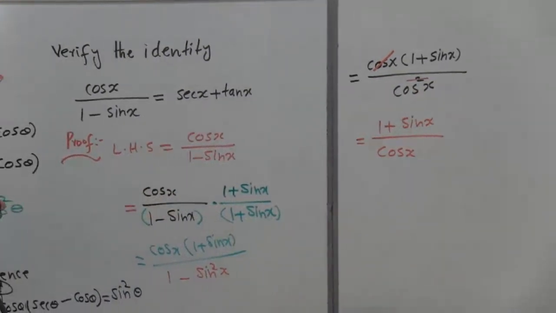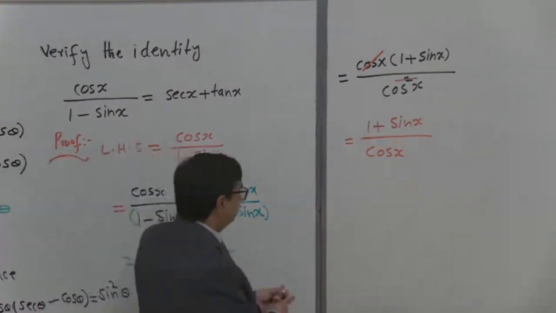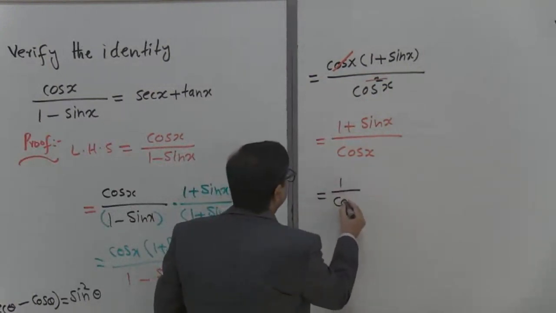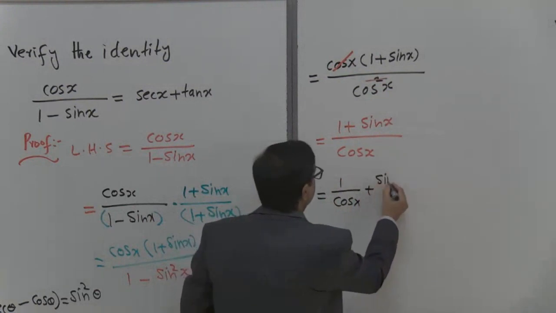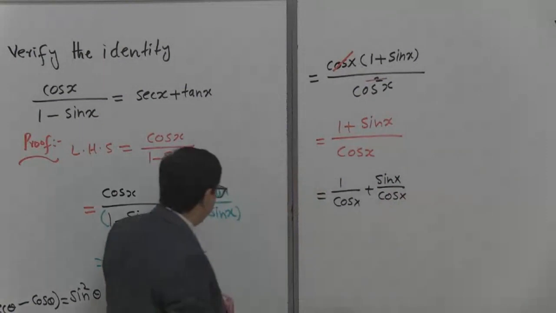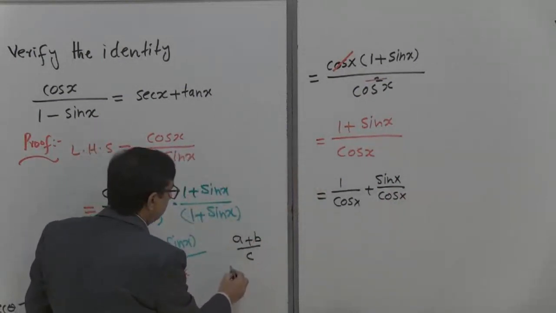We are looking for secant x plus tangent x. How can we make it? What if I write 1 over cosine x plus sine x over cosine x? You know, we have a rule: a plus b over c.